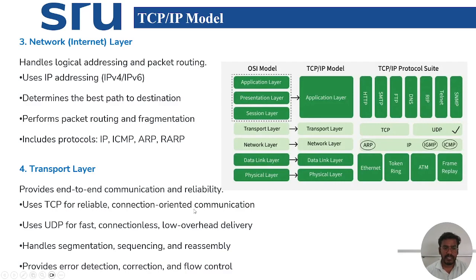Coming to the transport layer, it provides end-to-end communication and reliability. It uses TCP for reliable, connection-oriented communication, and UDP for faster, connectionless, low-overhead delivery, which means the data flows very smoothly through the transport layer.